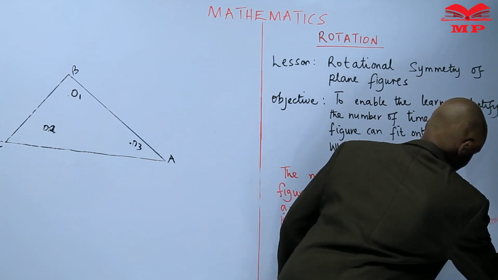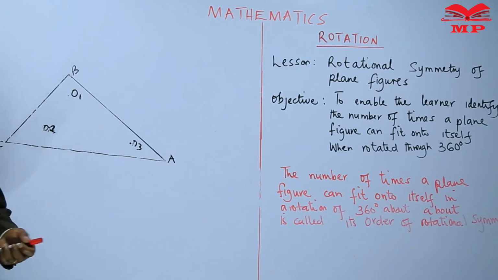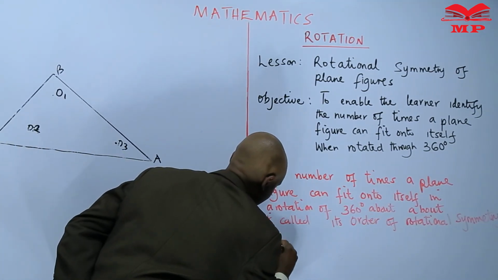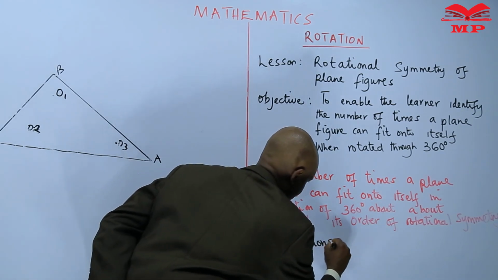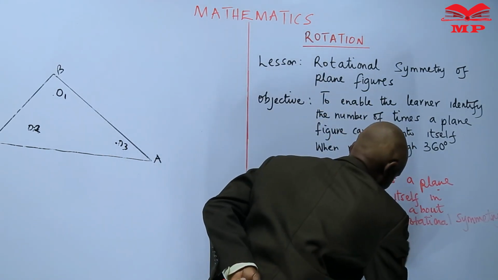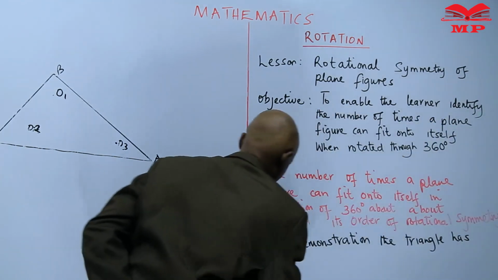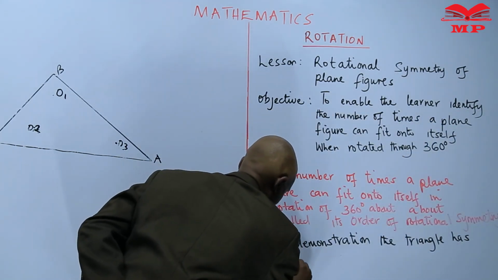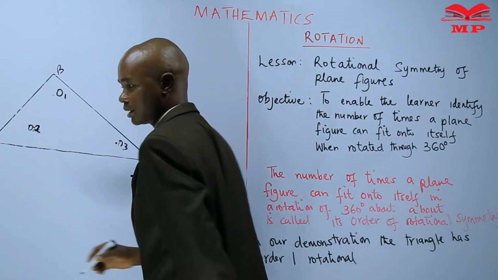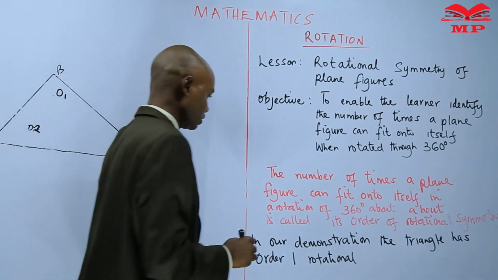We've done an example there, and we find in our demonstration the triangle has order 1 rotational symmetry. It has one order of rotational symmetry.